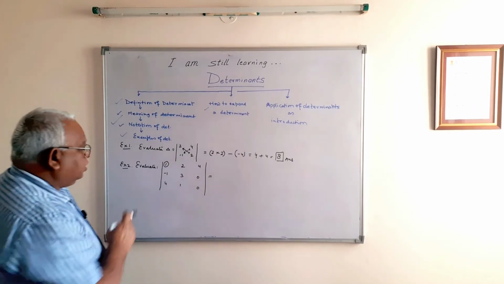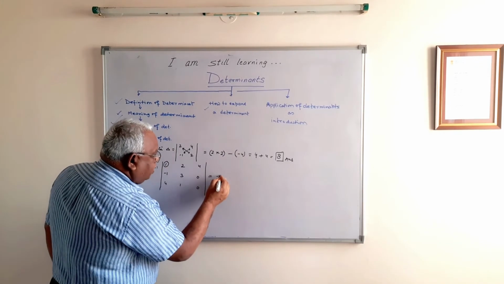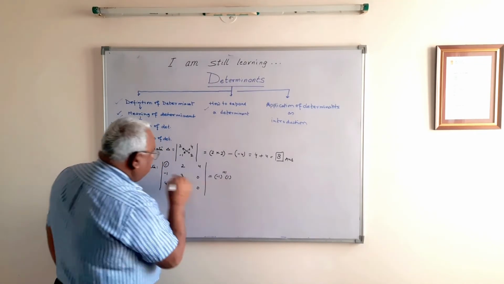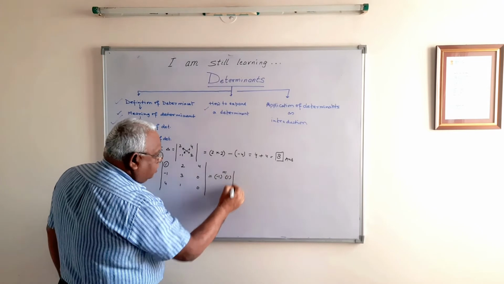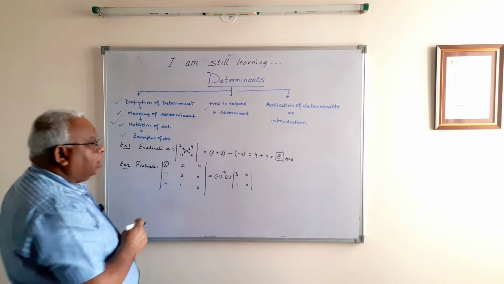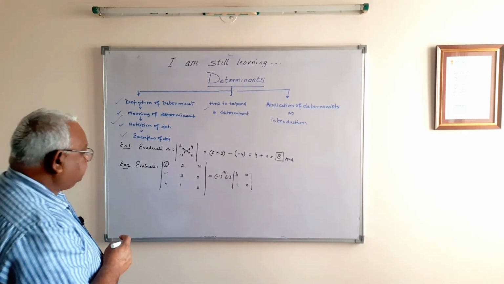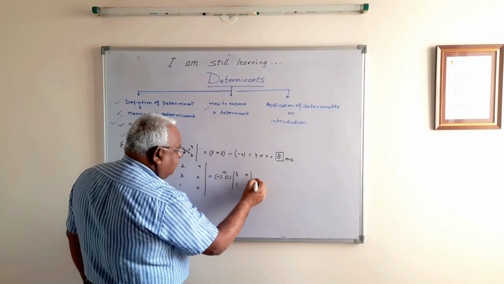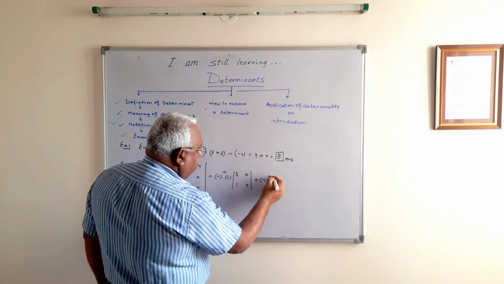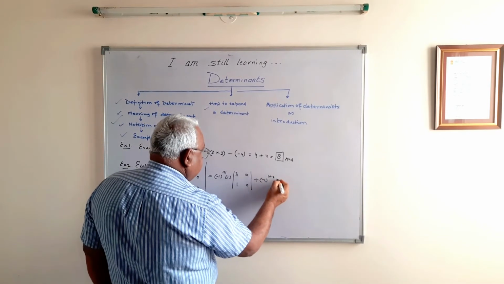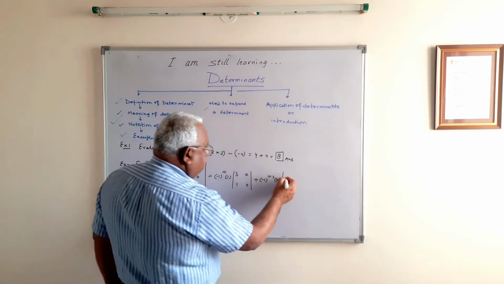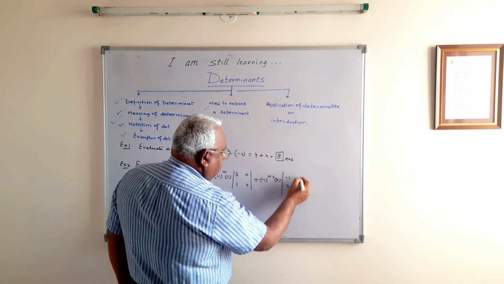First element, this position is 1, 1. So minus 1, as I explained, 1 plus 1. First element is 1. And then eliminate this, you will get 3, 0, 1, 0. Then plus sign, the second element position is minus 1 to the power 1 plus 2, and the element is 2. Now you have to delete this row and this column, so you get minus 1, 4, 0, 0.